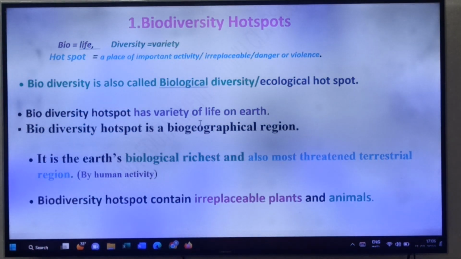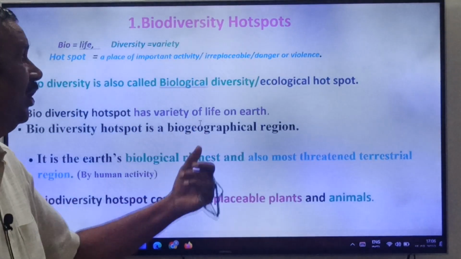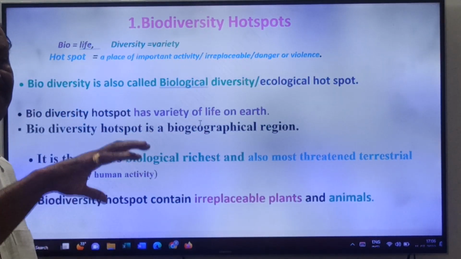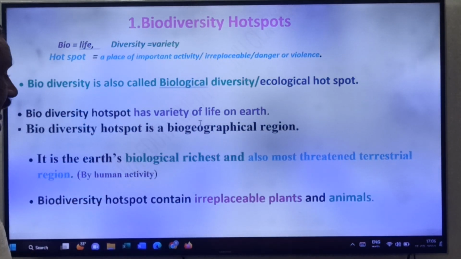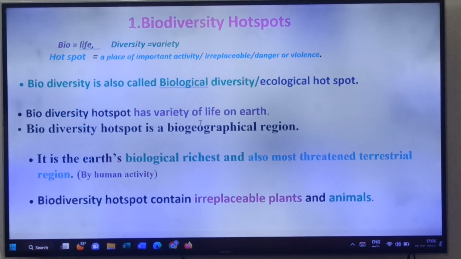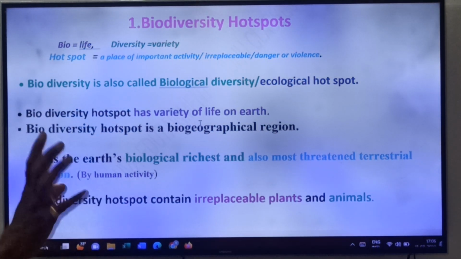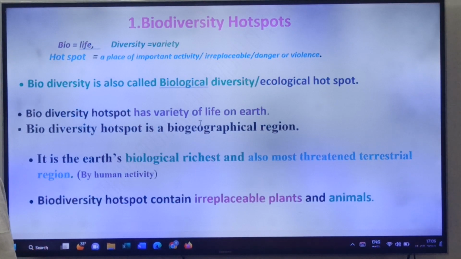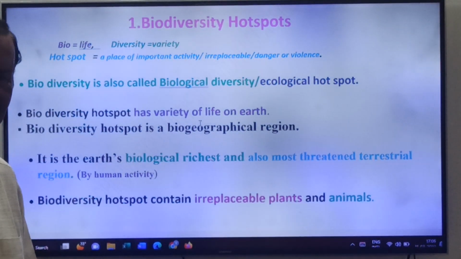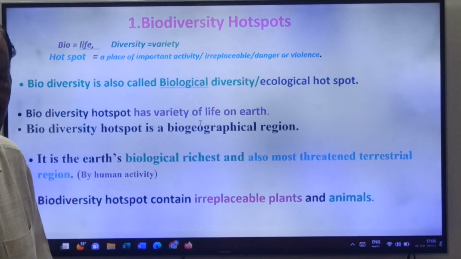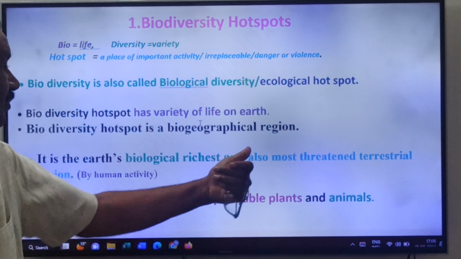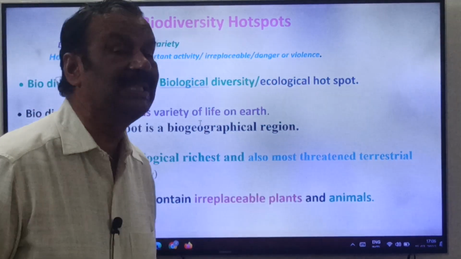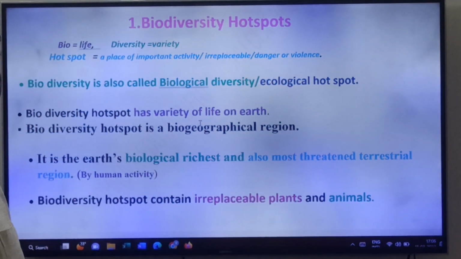A biodiversity hotspot is a biogeographical region on the earth. It is the biologically richest and most threatened terrestrial region. These hotspots have a variety of animal and plant populations, but it is a most threatened region.